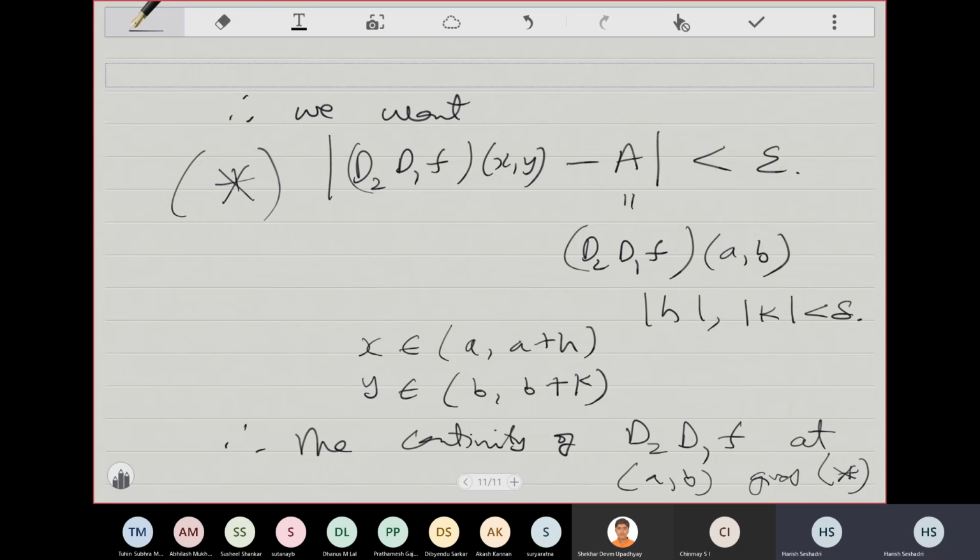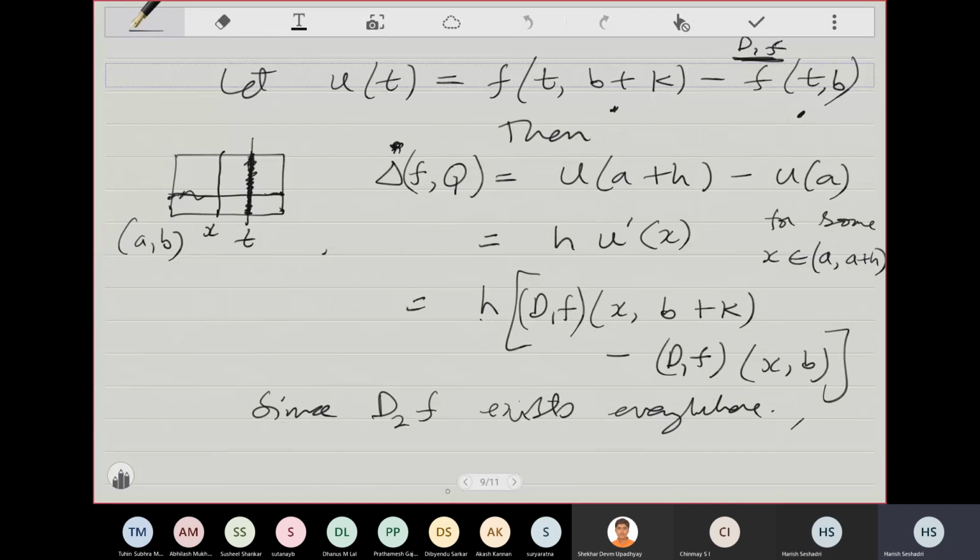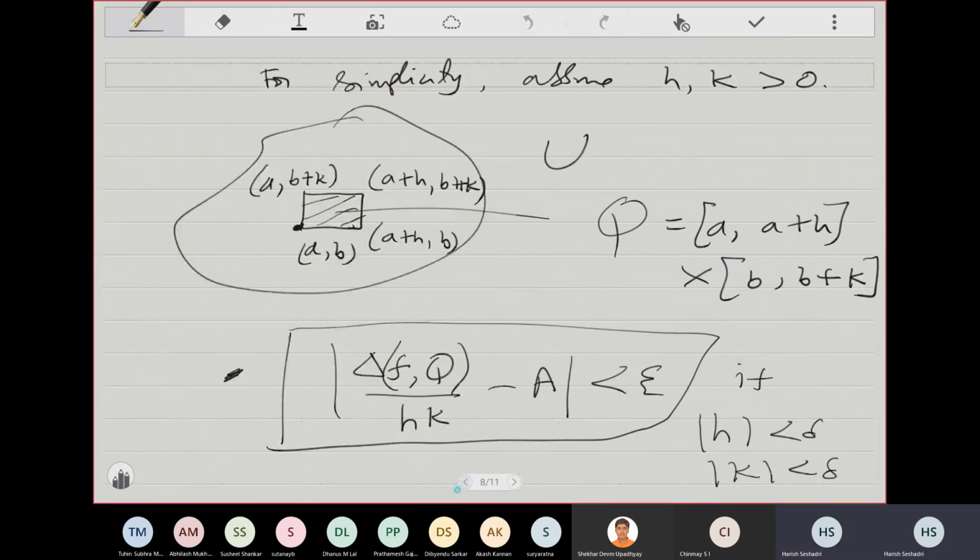If h and k are small enough, x and y will be sufficiently close to ab, and the continuity will then guarantee that this will hold. So this proves that. So the proof is not very mysterious. It's something very natural, if you just start with what you want. That's the main thing.